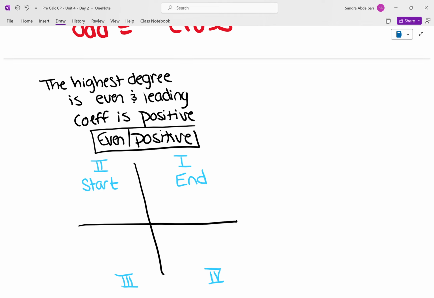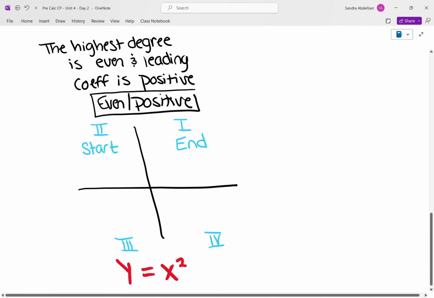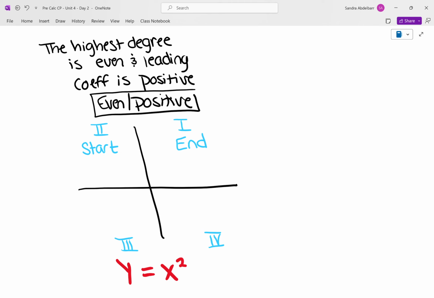An example of this would be y equals x squared. So I'm just talking about the end behaviors, start and end.